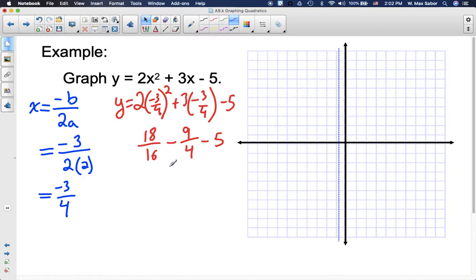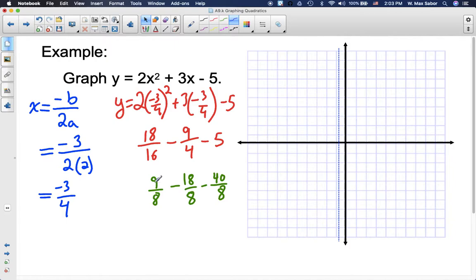We need to get these all to have the same denominator, so this one could simplify to 9/8, meaning we need to convert these into eighths. 5 times 8 is 40. 9 times 2 is 18.